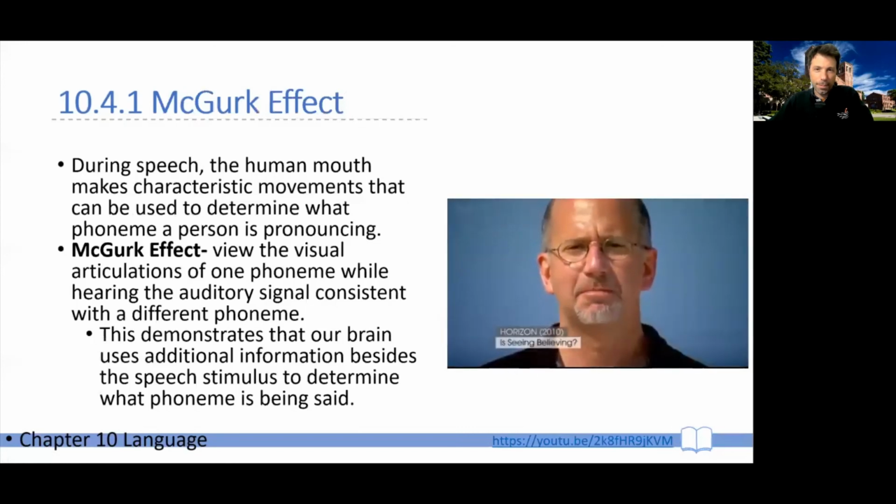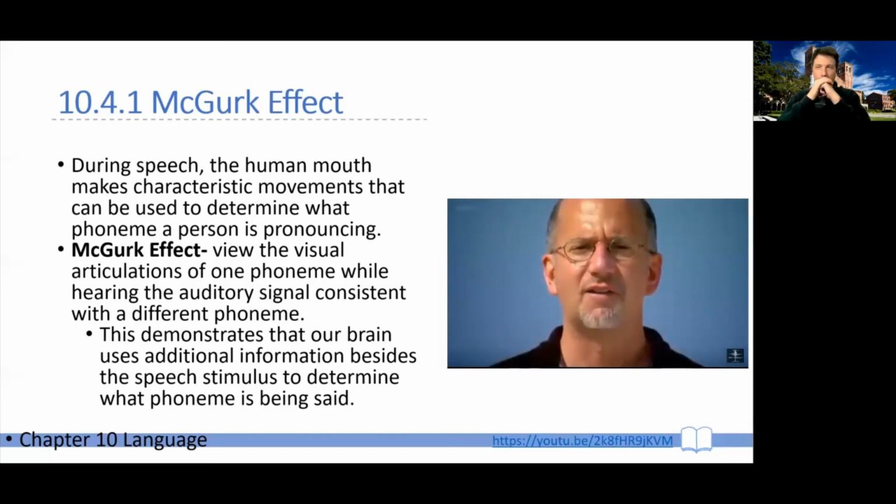Have a look at this. What do you hear? Ba, ba, ba, ba, ba, ba. But look what happens when we change the picture. ba, ba, ba, ba, ba, ba, ba. And yet, the sound hasn't changed.